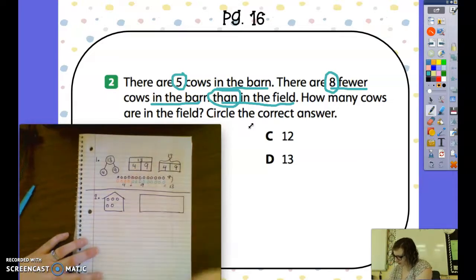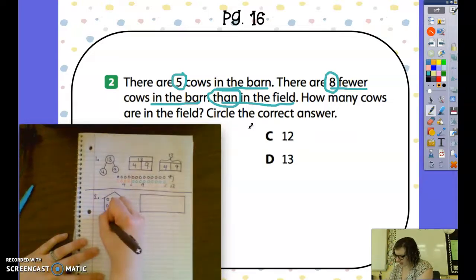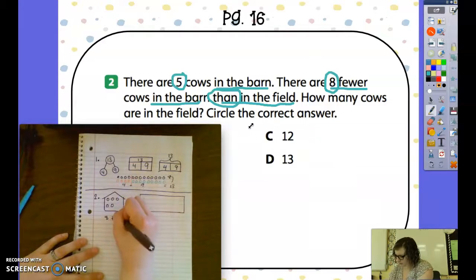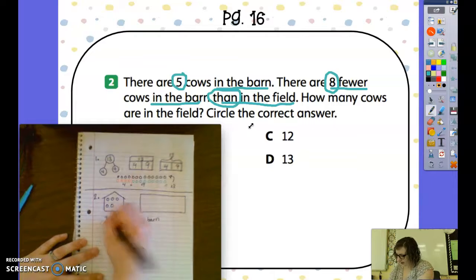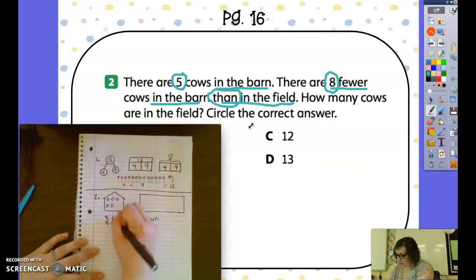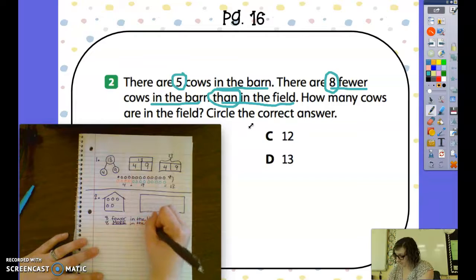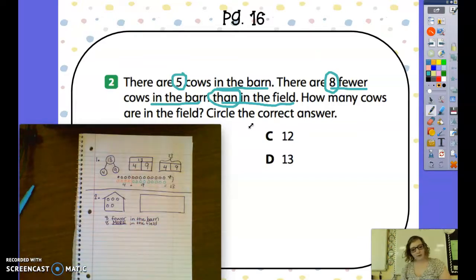So let's think. If there's 8 fewer in the barn, I know that there's 8 more in the field. Remember we talked about that a little bit on Tuesday, actually a lot of it on Tuesday. So what I'm going to do now is I see that there's 5.